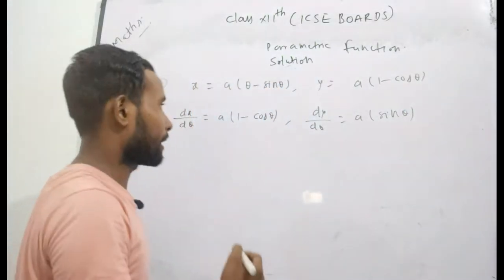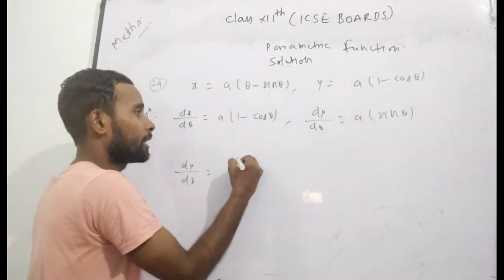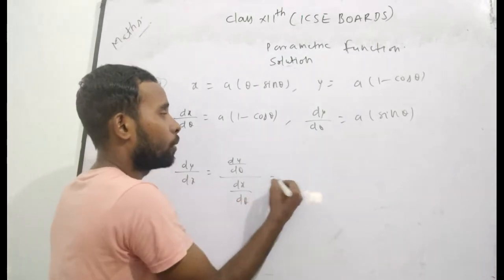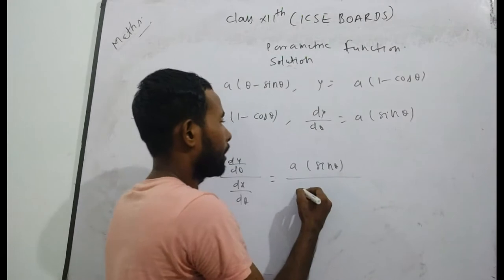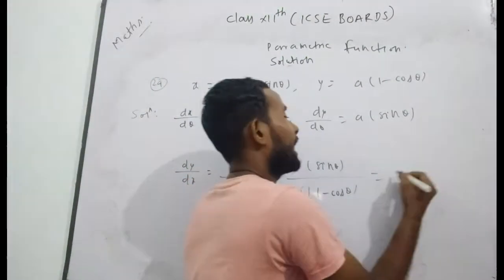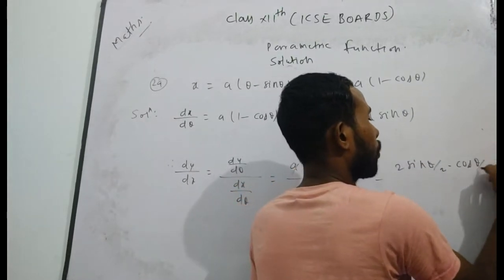I think you understand. Now, as I have already told you, dy/dx will be (dy/d theta) divided by (dx/d theta), which is a times sin theta upon a times (1 minus cos theta). Here a cancels, and in the numerator you get sin theta, which is also equal to 2 sin(theta/2) cos(theta/2).